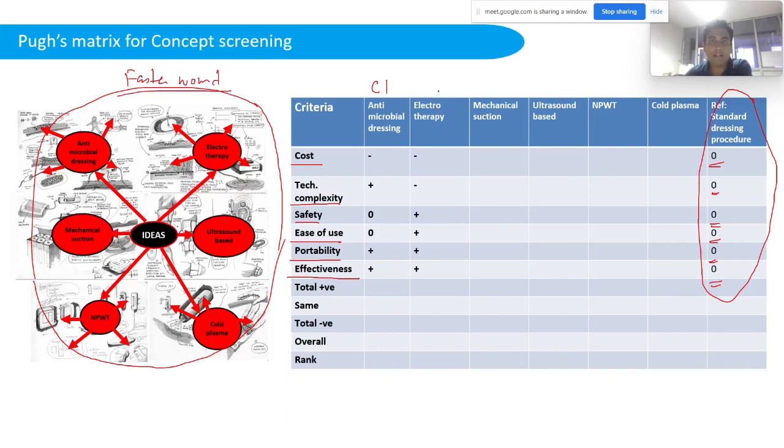The concepts lie in various domains. A few are based on antimicrobial dressing, a few are based on electrotherapy, C2, a few are based on mechanical suction, C3, then ultrasound based were some, then there were negative pressure wound therapy, NPWT, and cold plasma.